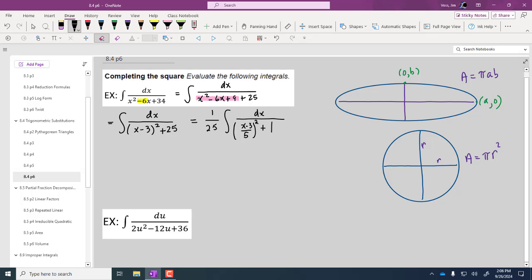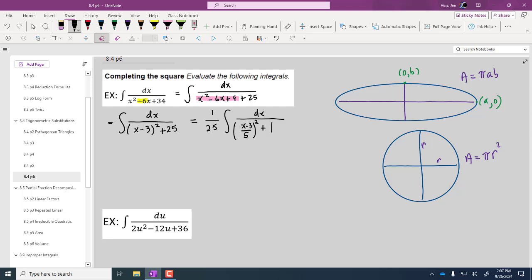So now it's in arctan form, because we know the integral of dx over 1 plus x squared is arctan of x. Now it's in that form, except that we have to add a little wrinkle called RCR.